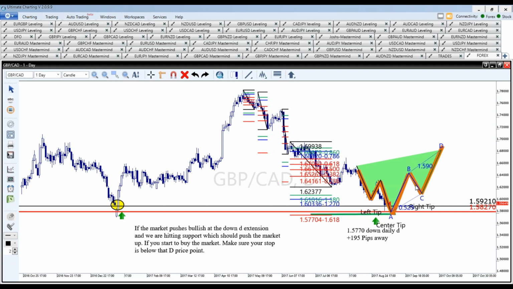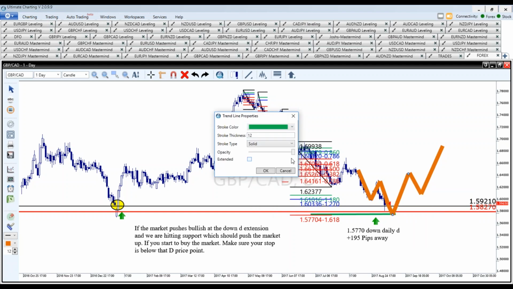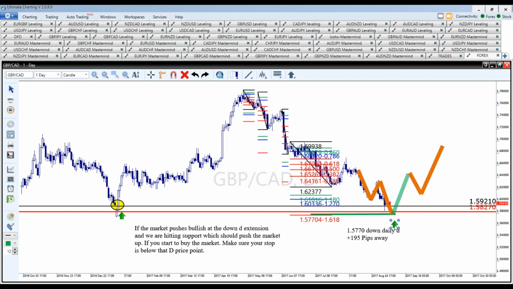Perfect. Now, no, I would not sell on the way down. What I want to do is help you understand the opportunities, which means if this market is to reverse, the movement to make money is from the center tip completion.